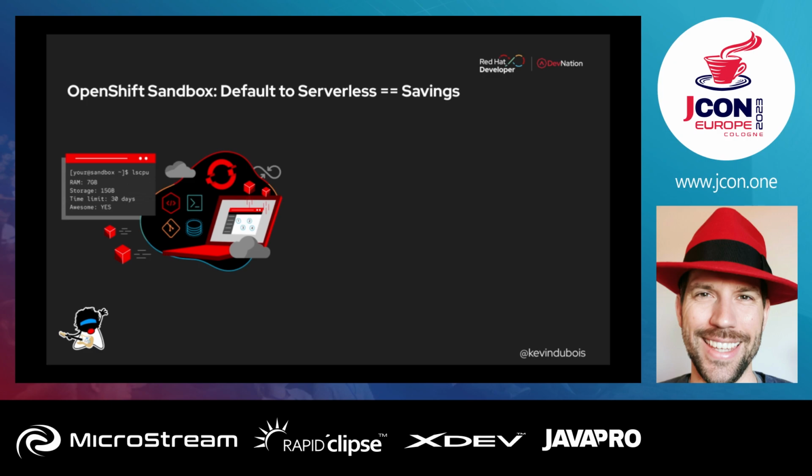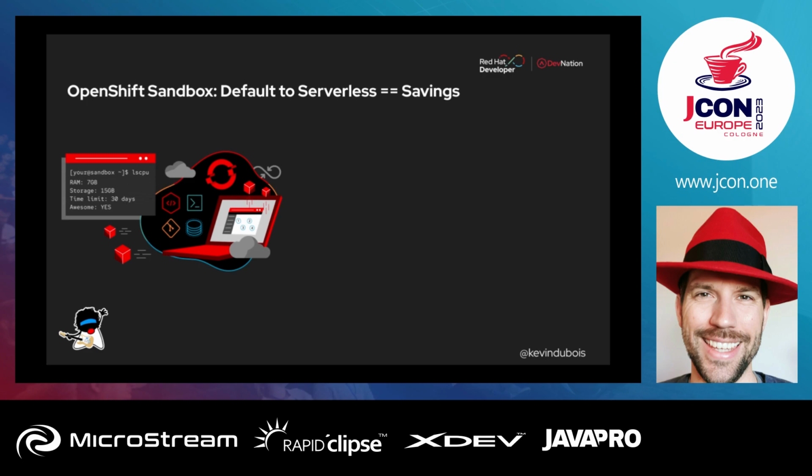And the default deployment mode, if somebody would play around with it, was a regular Kubernetes deployment, which means that if somebody is playing around and deploys something, that application is just running for 30 days, right? Because that's how long the sandbox runs, and then you have to create a new one. And so it was using a lot of resources.